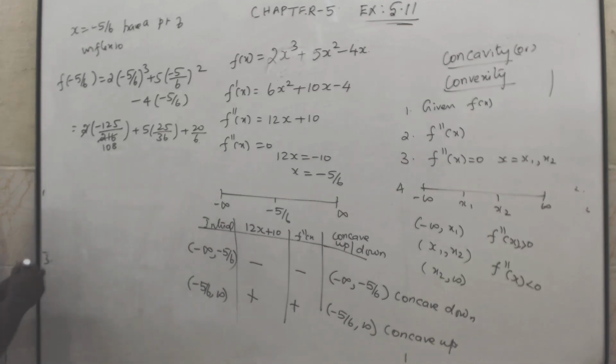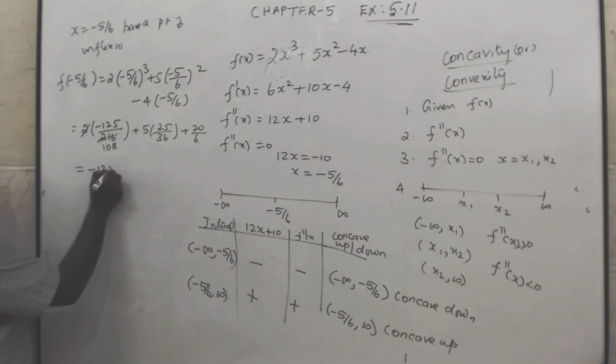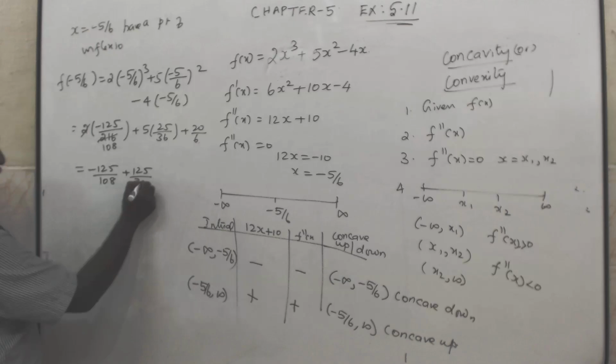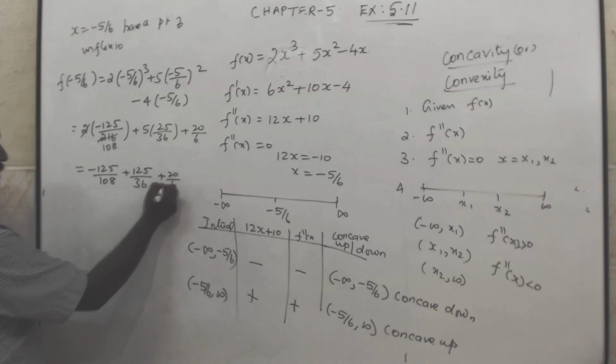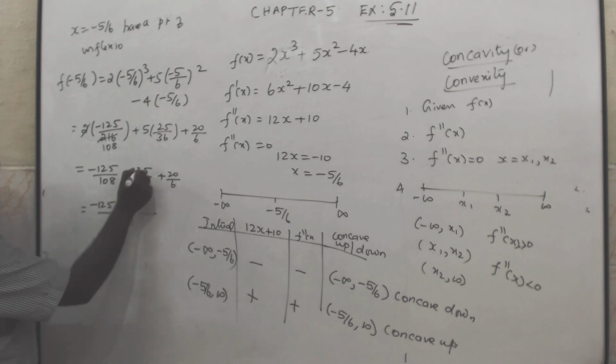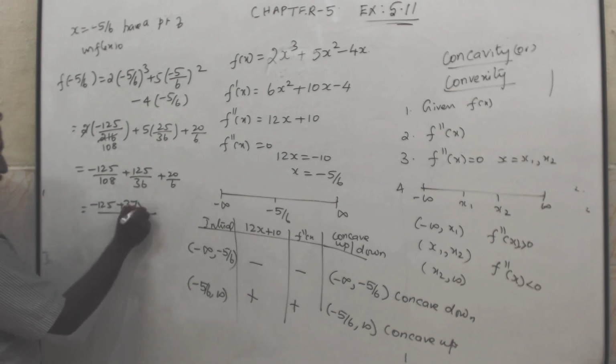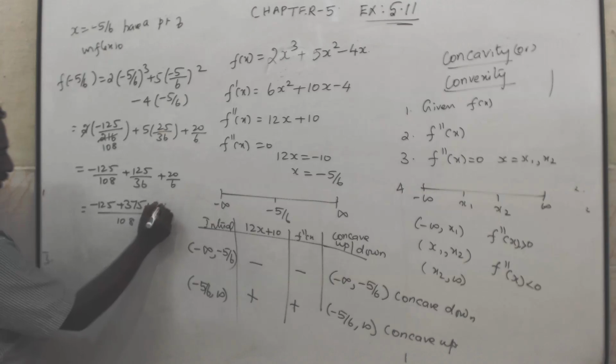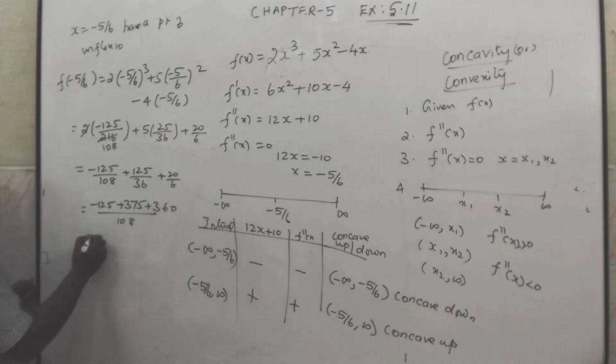I made one mistake. Listen carefully. Minus 125 by 108, plus 125 by 36, plus 20 by 6. Taking LCM 108: 3 times 125 is 375, 18 into 20 is 360. 375 minus 125 is 250, plus 360 is 610, divided by 108, that is 305 by 54.